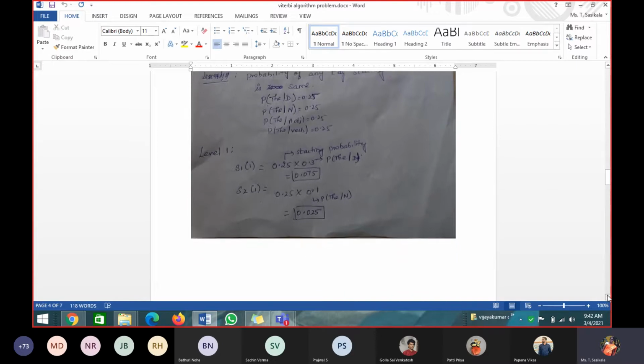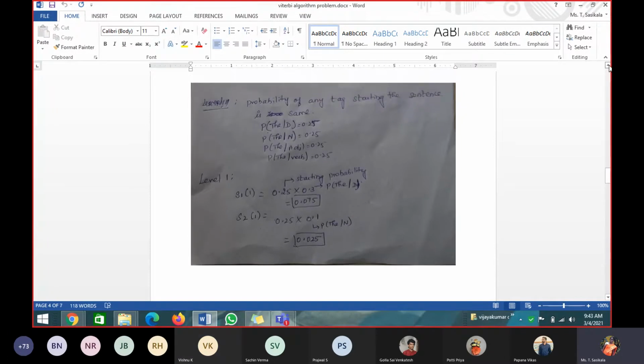So first we will start with level 1. What is the first one? Ma'am, according to this, the probability of the given adjective is 0, but here it is not available. But it is 0, right? Yes, it is 0. In the tag transition, other probabilities are given as 0, right?